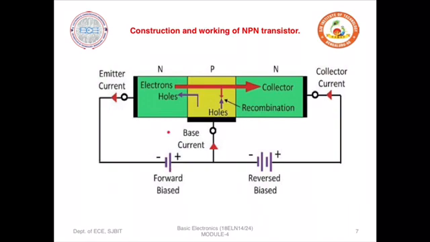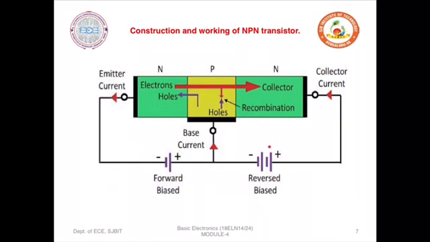In this, as you know, N is the emitter and P is the base. When N is given a negative voltage and P is given a positive voltage, this junction becomes forward biased. So, the EB junction is forward biased.